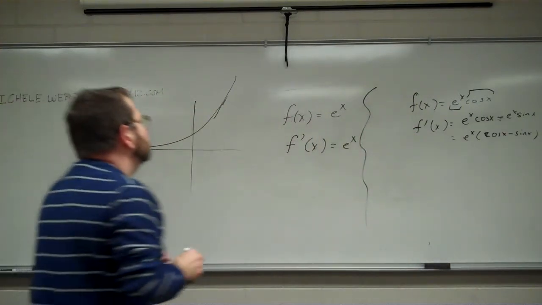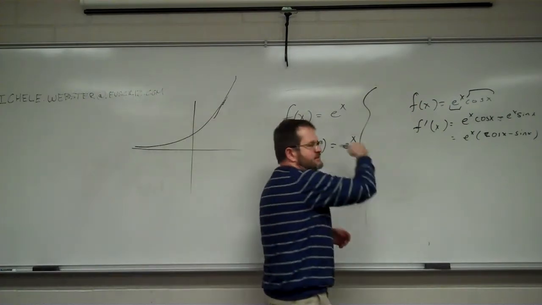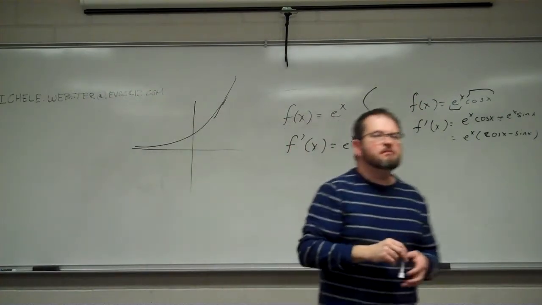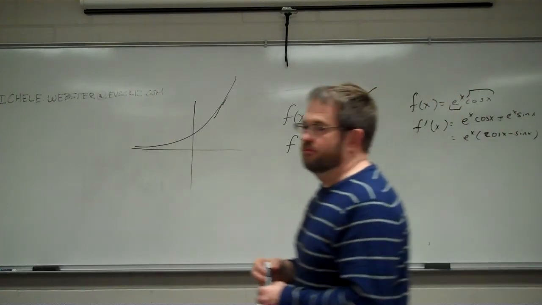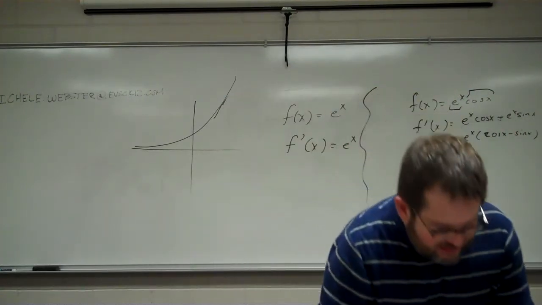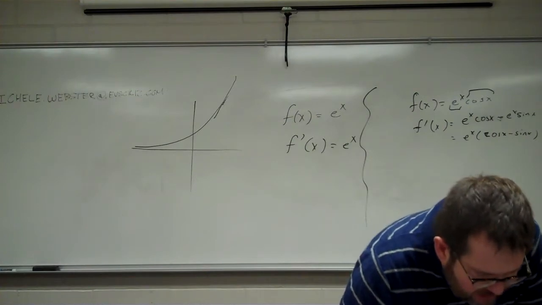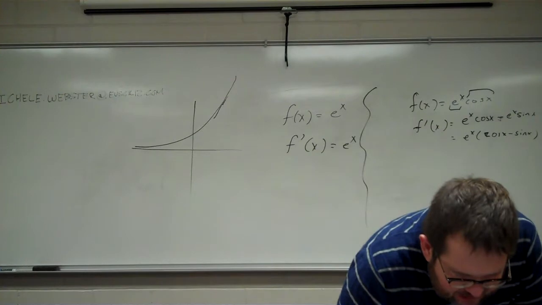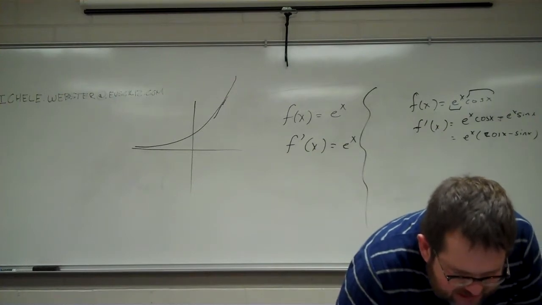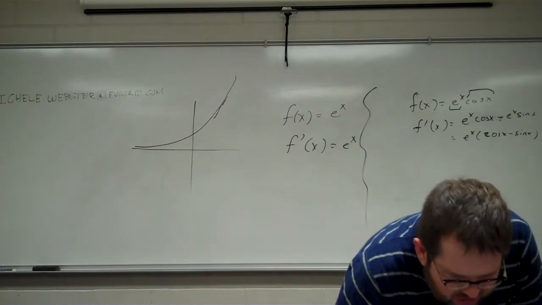Now, you can imagine things go nuts with these, applying your quotient rule, your product rule, whatever. The issue is, what if it isn't e to the x? What if it is e to some function of x?